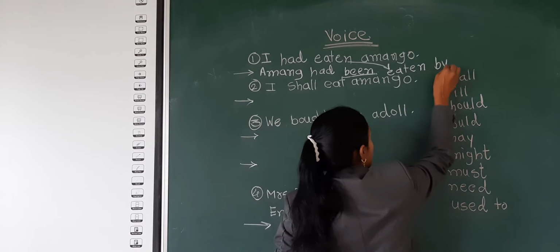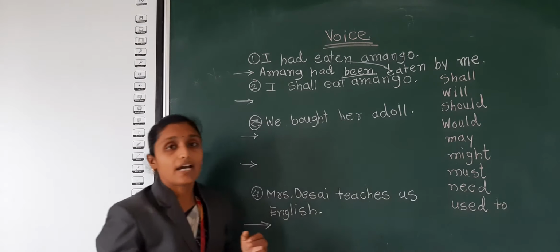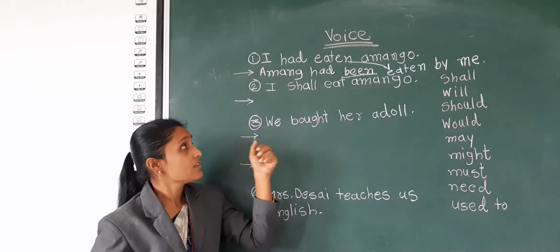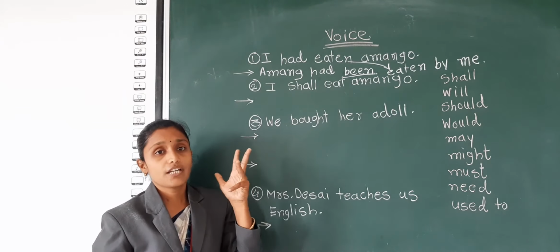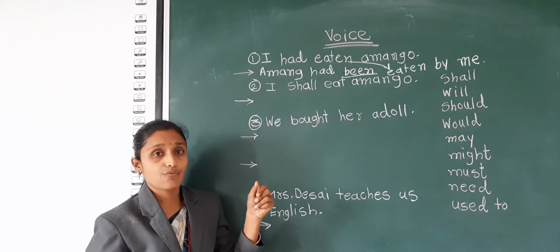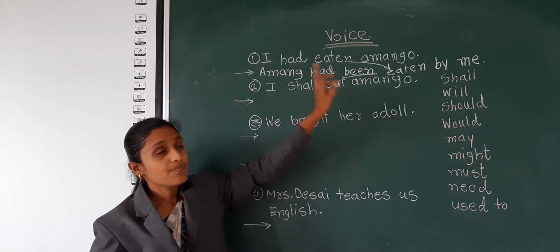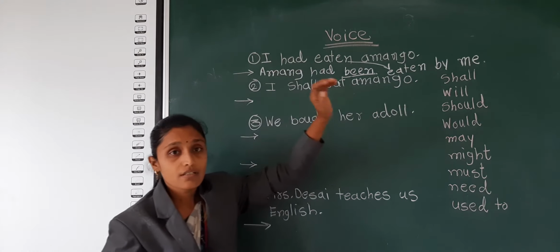Then the preposition by, and the subject's second form: the second form of I is me. If he is given, it means him; if she, her; if they, them.